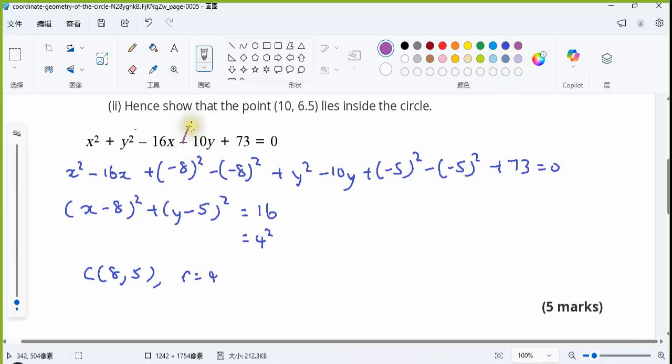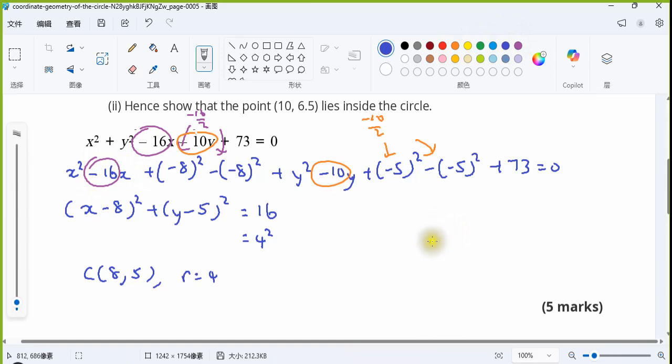For the x term, it is negative 16 over 2, and for the y term, it is negative 10 over 2. So I'm computing the square.